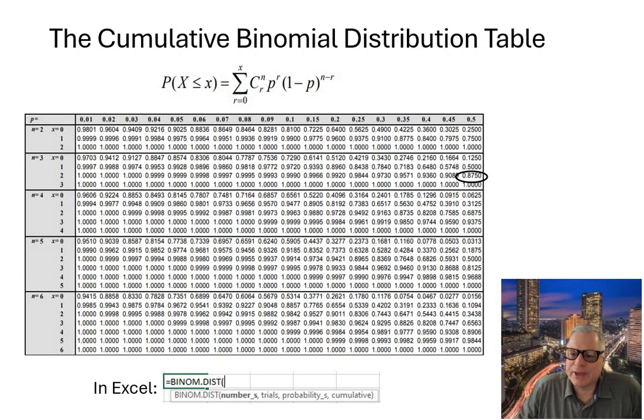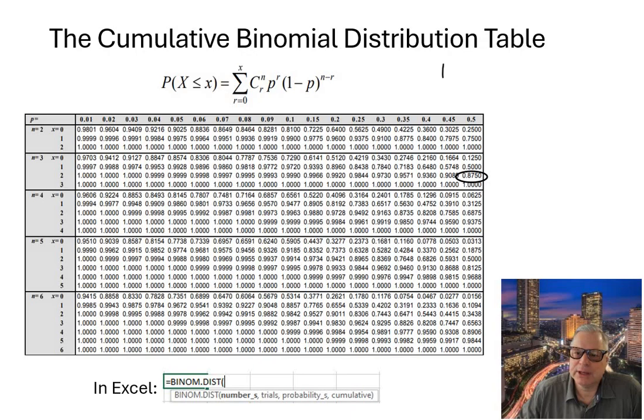And we can also use the cumulative table to determine the probability of getting exactly 2 girls. And if you remember, that was 0.375.